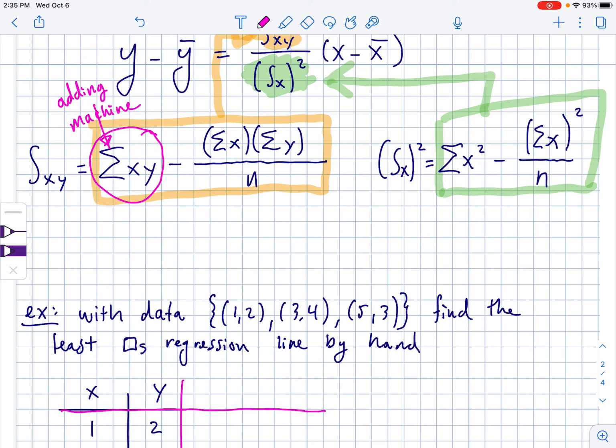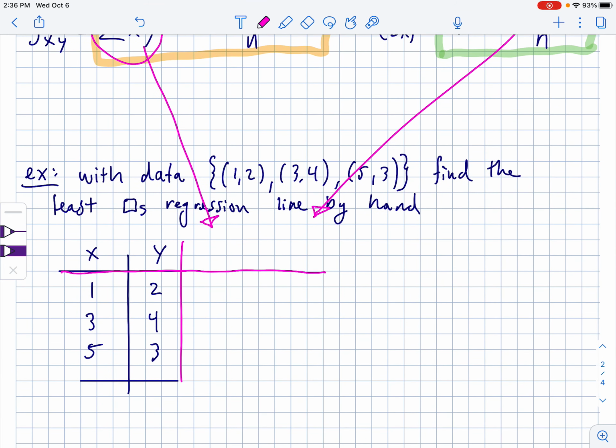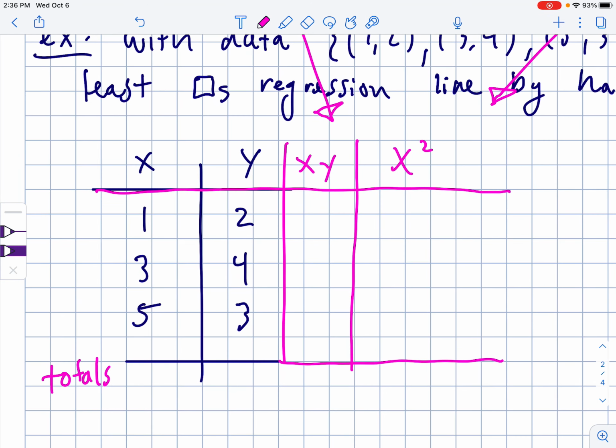The columns are x, y (x is already there, y is already there), and then xy and x squared. Those are the things that are going to go into these columns here, the sigmas. And down here below, we're going to do totals.